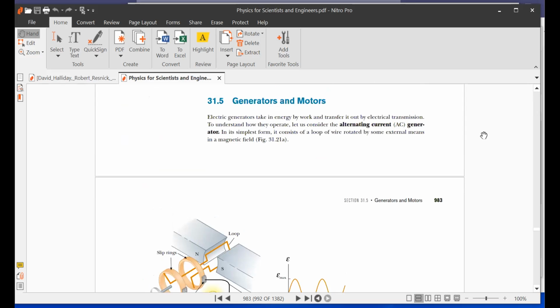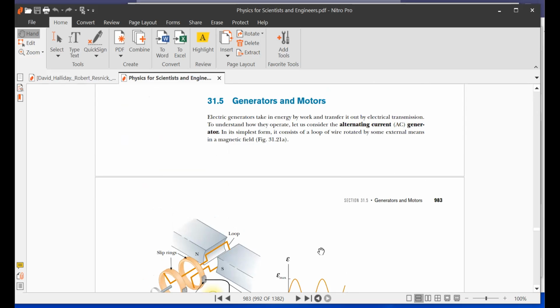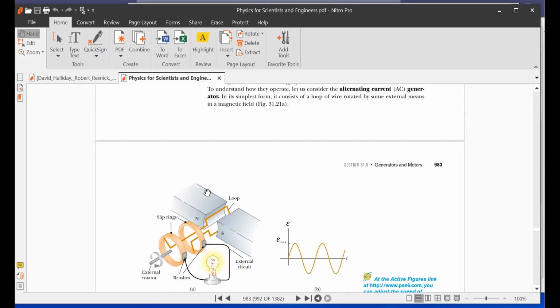The notion of electromagnetic induction applies. We could apply the concept of magnetic induction to build electric generators. For example, you could use this loop here.